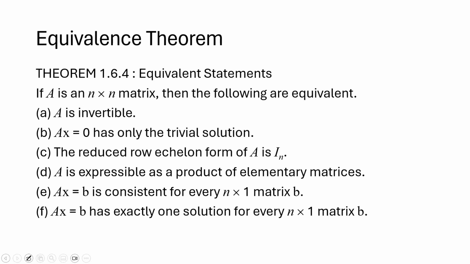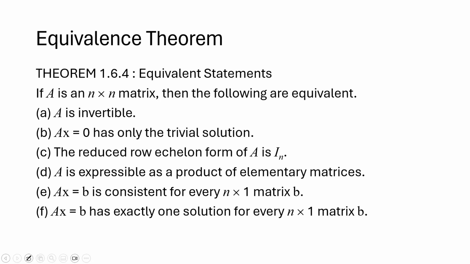So let's have the equivalence theorem. We are now in the position to add two or more statements to the foregiven theorem 1.5.3. So we have 1.6.4, which is equivalent statements. If A is an n by n matrix, then the following are equivalent.